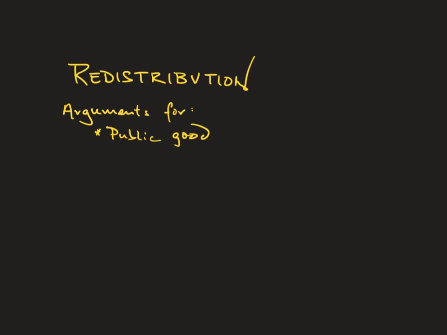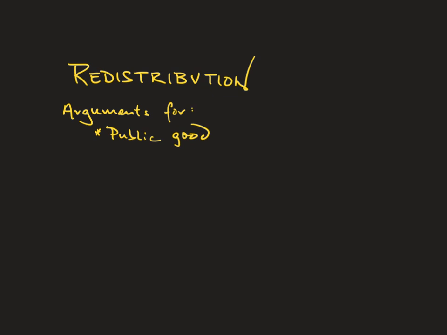One is that an equitable society is a public good, essentially. For example, inequality leads to social unrest. As a matter of fact, robbery, theft, is a transfer of wealth from the rich to the poor, I suppose. Theft is motivated by inequality.